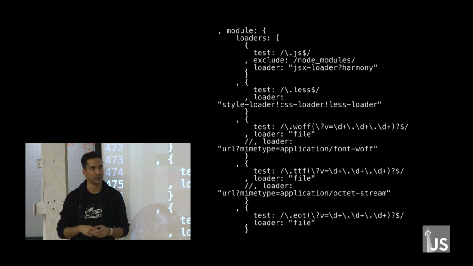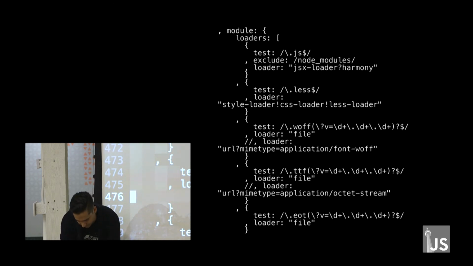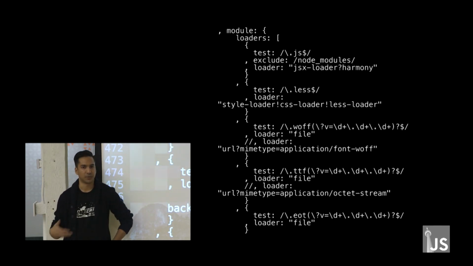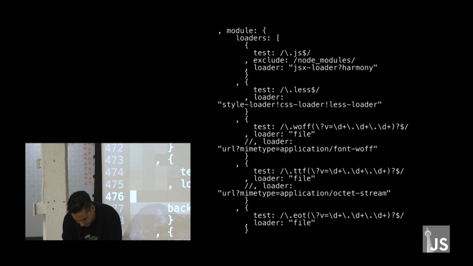If I was to require an image, for example, if I was to do require URL and then some image.png in CSS, so I say background image, right? That would work. Webpack would then convert that into a data URL and inline that directly into my CSS. That's what style loader does, I believe. I could be wrong with that. But anyway, that's what it ought to do.